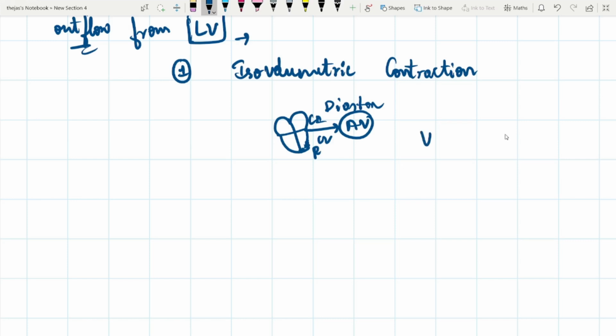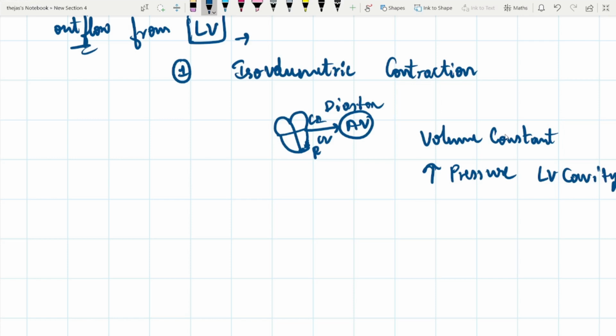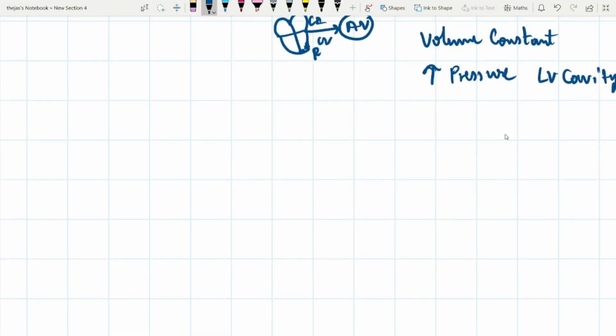So volume is constant here. Then what's increasing? The pressure is increasing. The pressure in the left ventricular cavity increases. So this is called isovolumetric contraction. Volume is constant, but pressure is increasing, that is contraction.